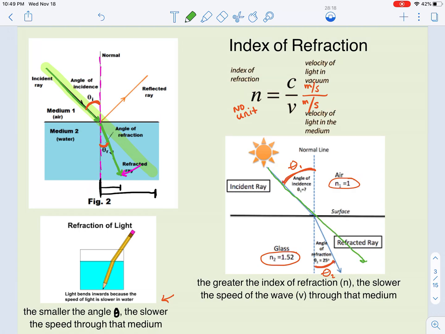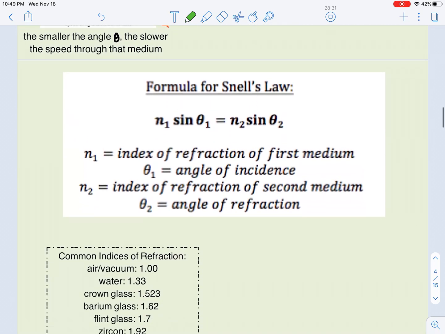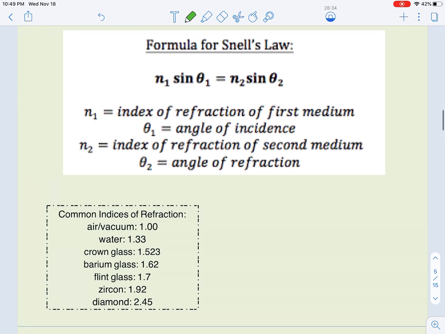I can also look at the picture and go back to understanding that this is the path that the light was traveling. So if it did not change mediums, it should have ended up over here. And the fact that it moved towards the normal line to follow the actual path tells me that it was moving slower through that second medium.